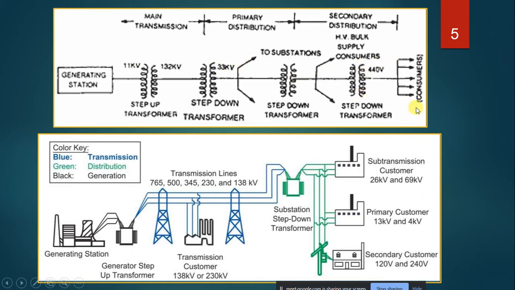For household it is further stepped down to 230 or 240 volts at the max. So step up 11 to 132 kV, step down 33 kV to substations, and from there 440 volts.